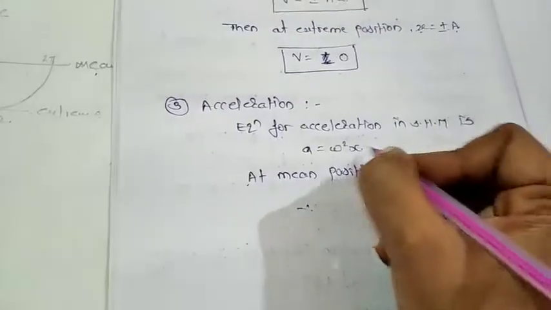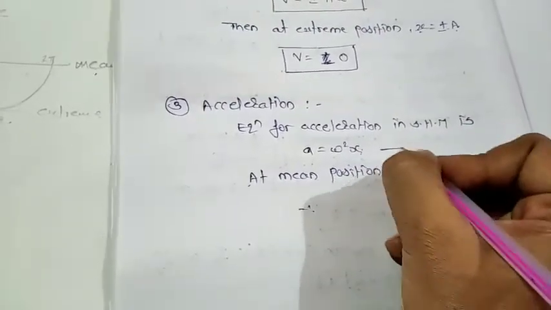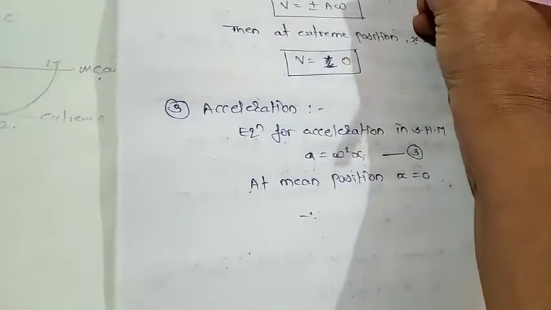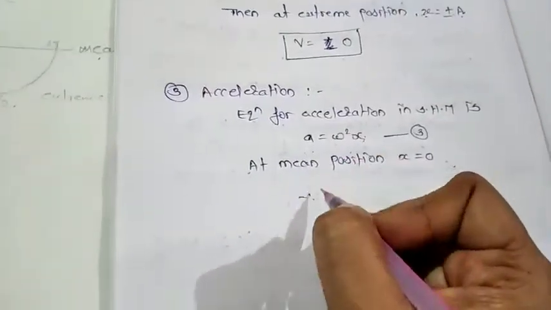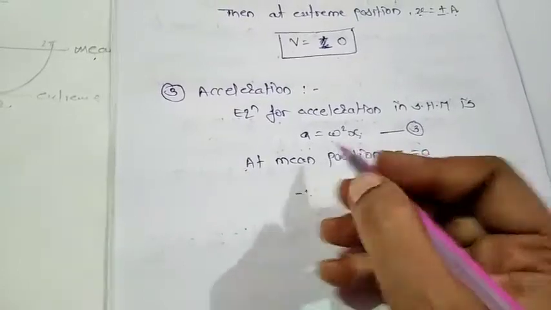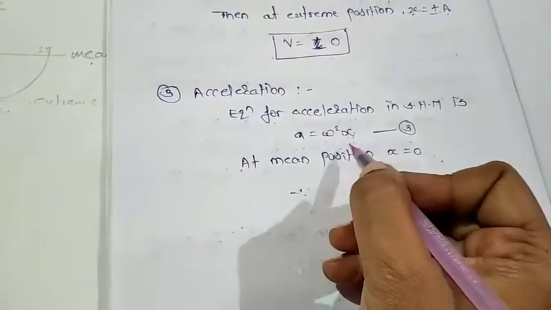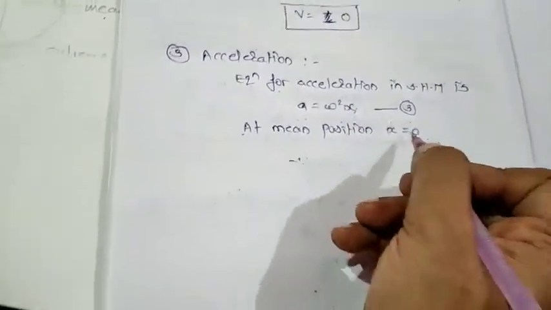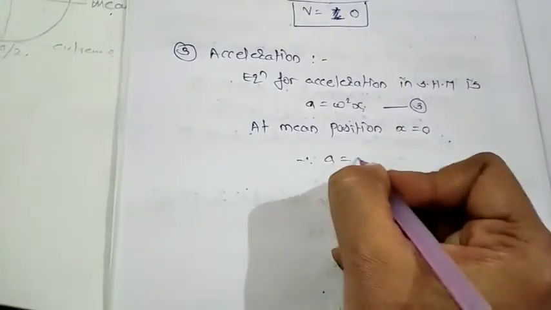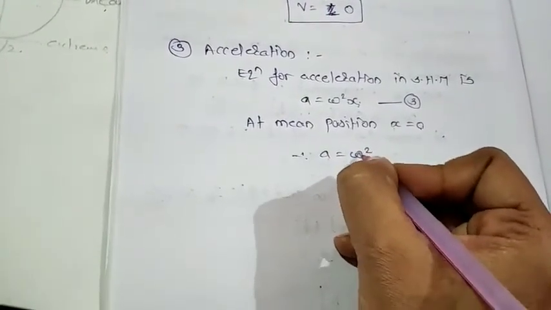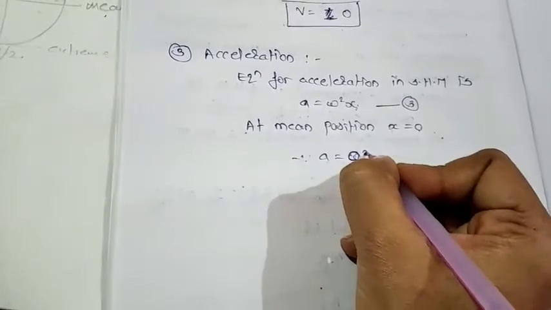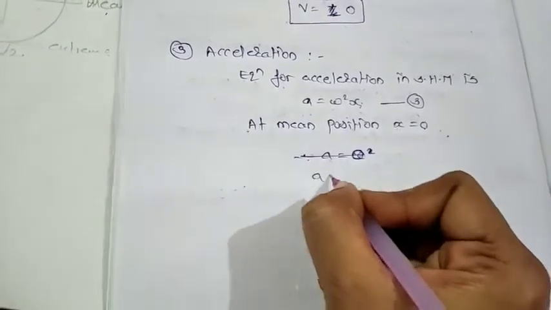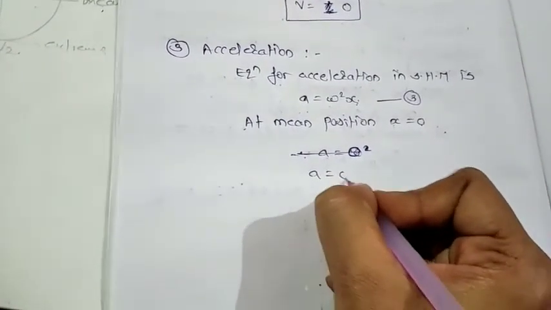Therefore, in this equation number 3, it is omega square x. As x is 0, displacement is 0, so a is again 0.